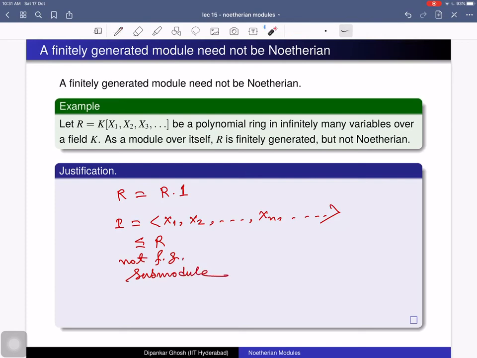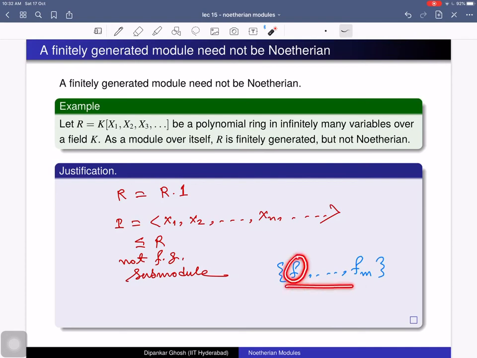One can verify that this is not finitely generated. Why? Because if it is finitely generated, then you will have some finite generating set, let's say f1 up to fm. If you consider each polynomial in this generating set, only finitely many variables are involved.